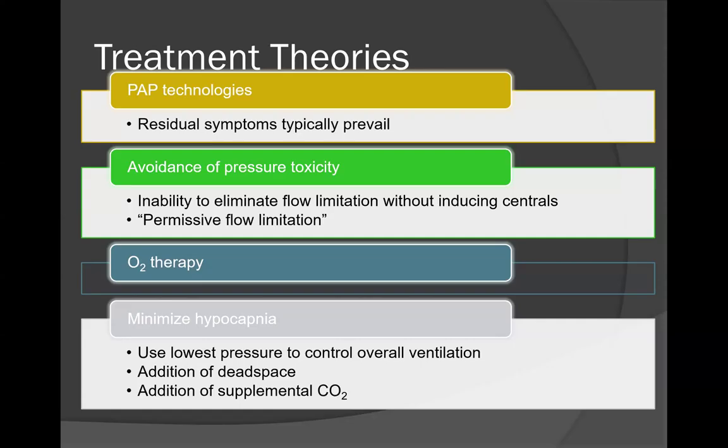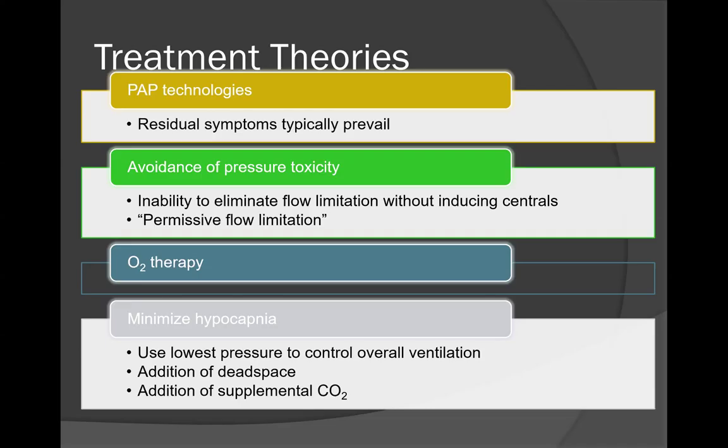What they do then is they will prescribe the pressure where the patient might still have obstructive events, but no central. That's the prescription. That's like the pseudo-optimal pressure. But this is what they usually do when they don't like to move the patient to ASV, right? Then, of course, there's an inability to eliminate flow limitation without inducing centrals.